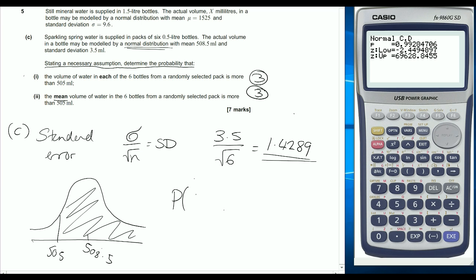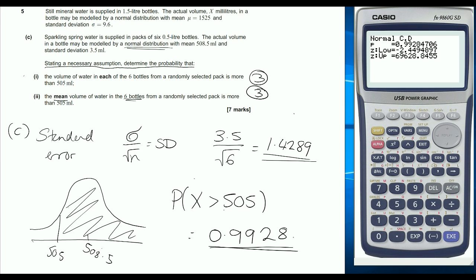So the probability that our new variable x is greater than 505 is really, really high. Okay, it's almost certain that when you take the mean of the 6 bottles in any sample, the mean capacity, the millilitres, will be higher than 505.